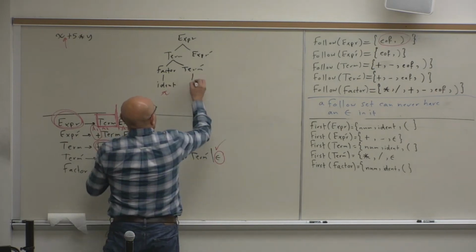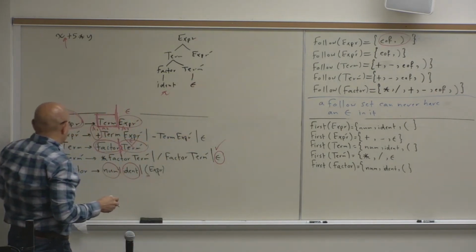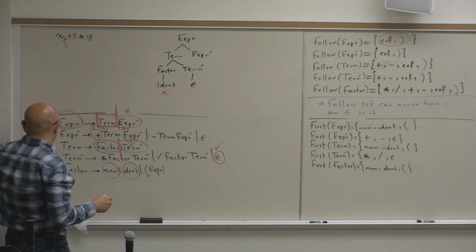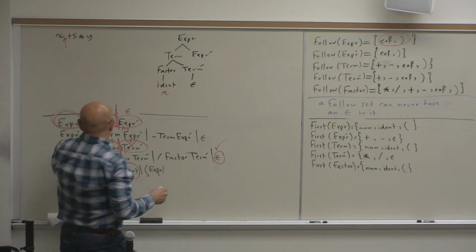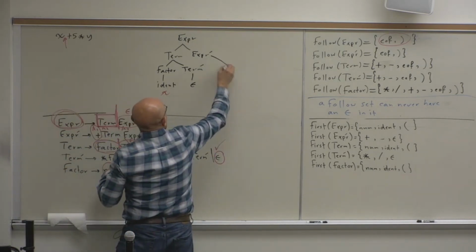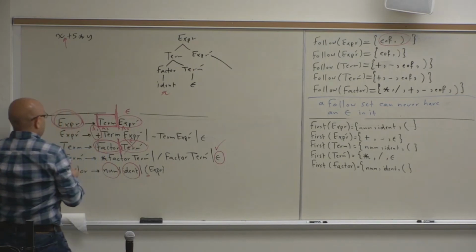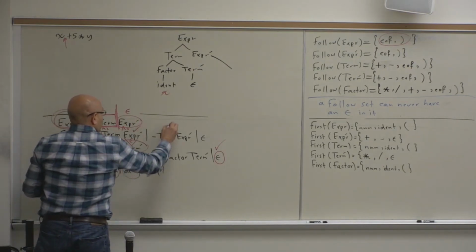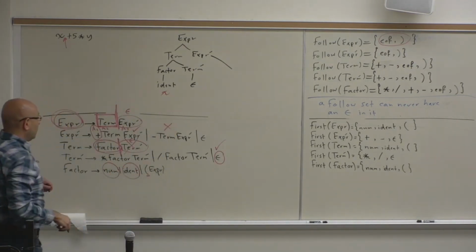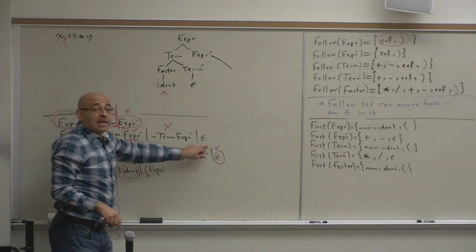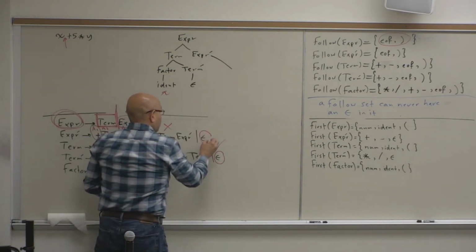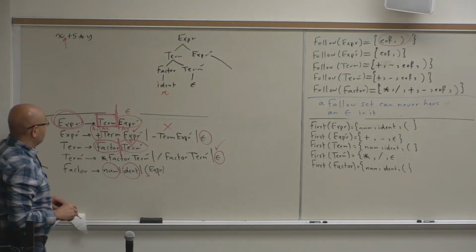Okay? Now we know that it's a valid alternative. Now for expression prime, I have a plus term. So this is a valid substitution. This is not valid. Why? Because I'm seeing a plus. Now, is the epsilon a valid substitution?